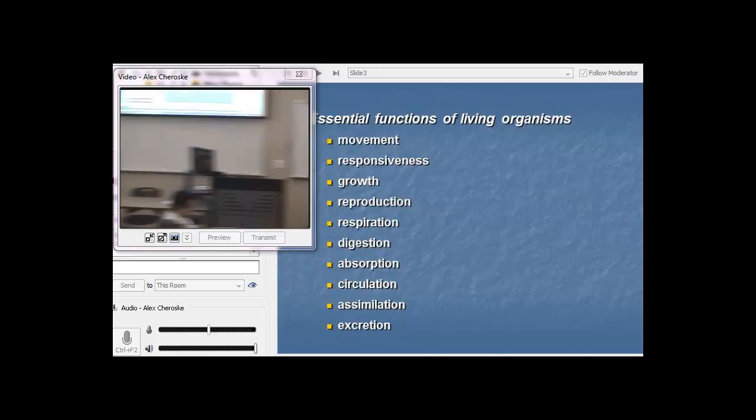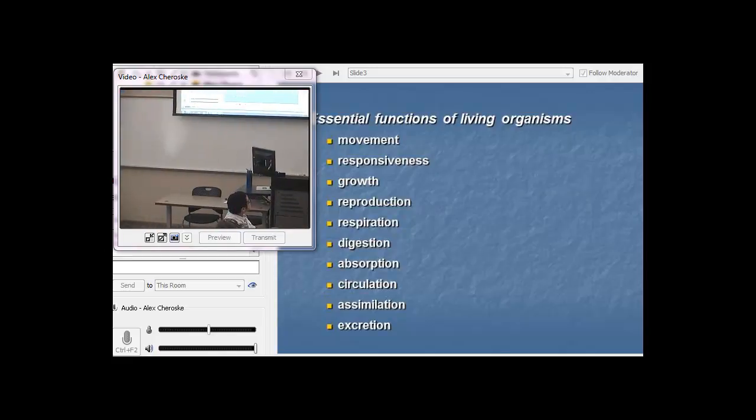And so one of the things we have to look at is the essential functions of living things. And on that level, you could be talking about a cactus outside over here, a round-tailed ground squirrel running around that you see on campus, or you.